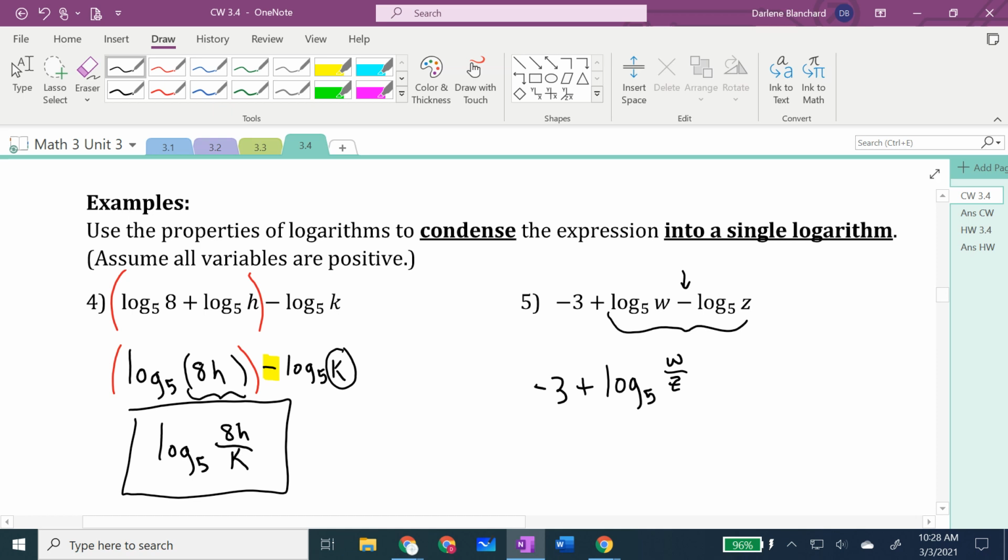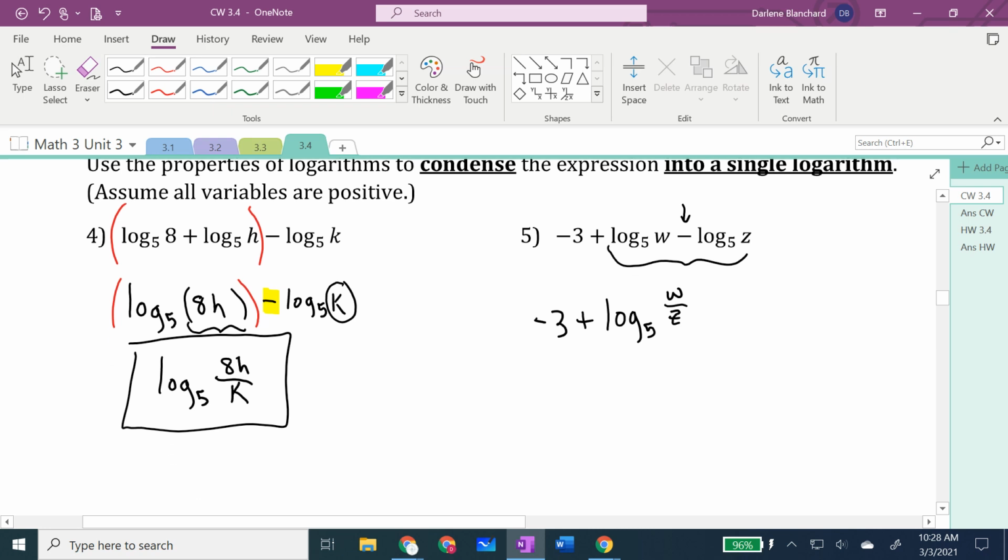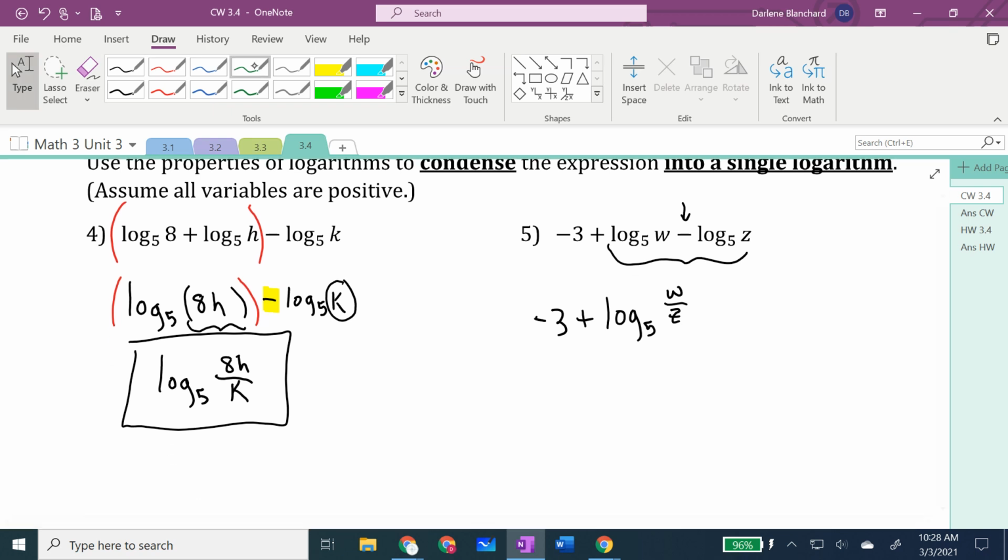This is not considered condensed because I am adding something to the logarithm. That means that I need to change this number into a logarithm that uses base 5.